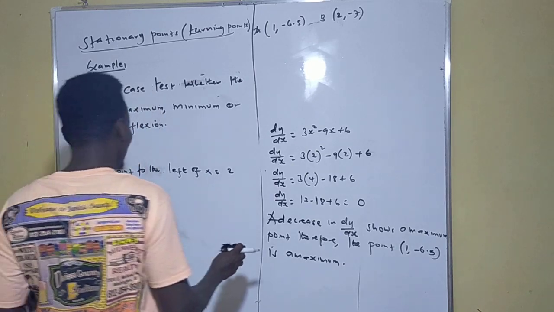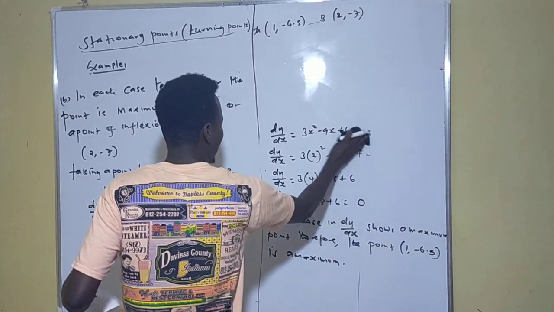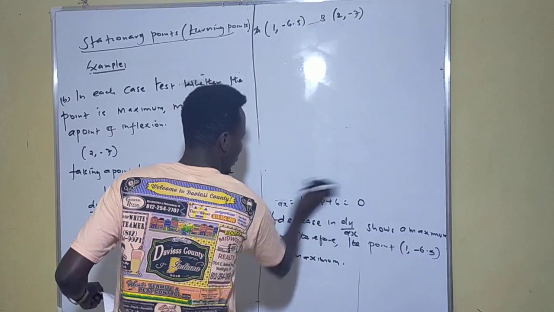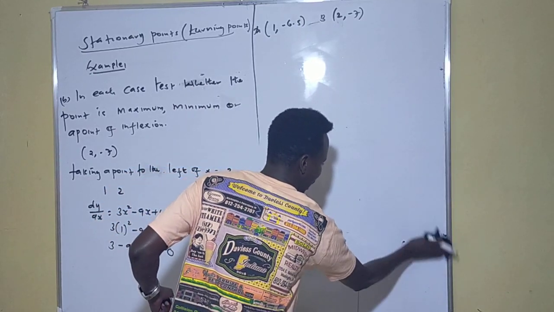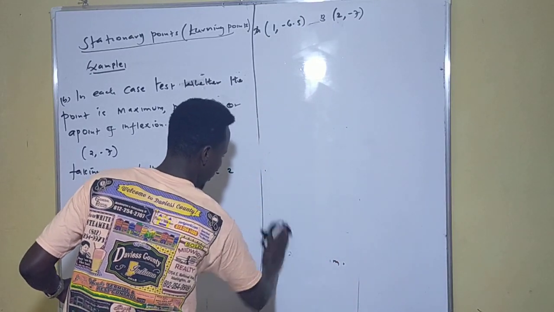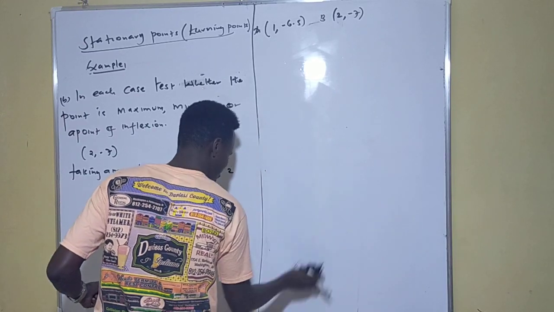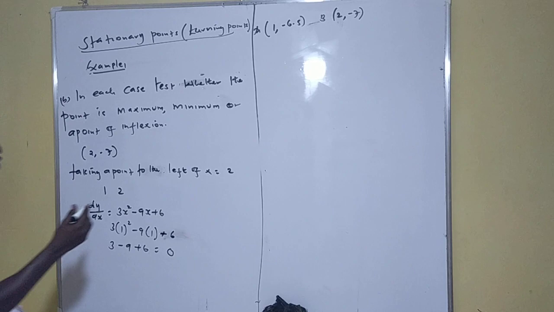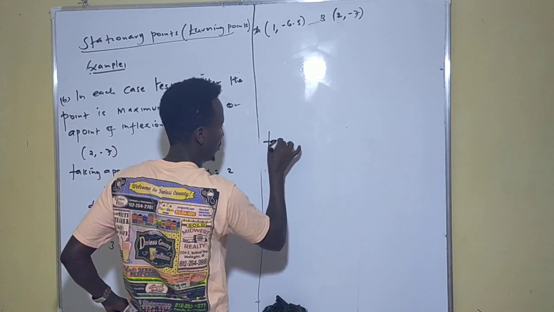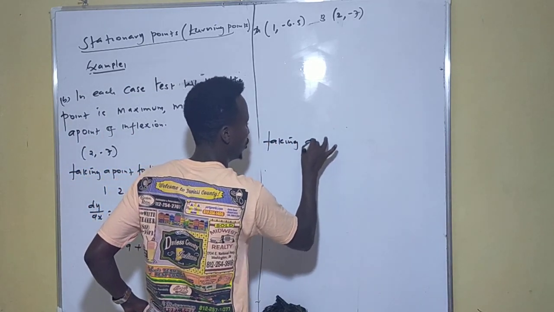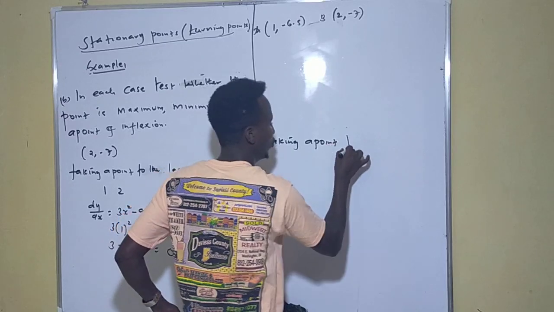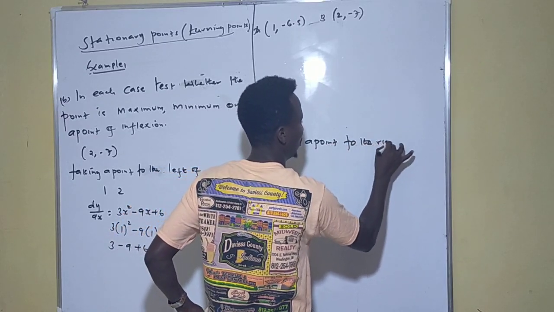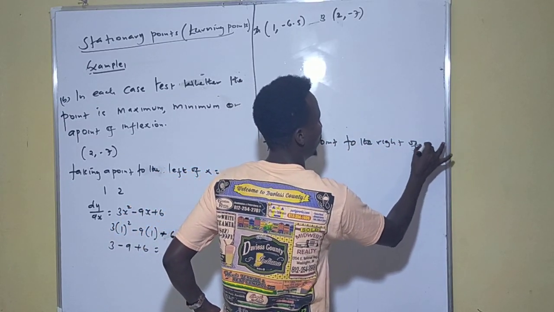Then let me check again. I will also say, taking a point to the right of x equal to 2.